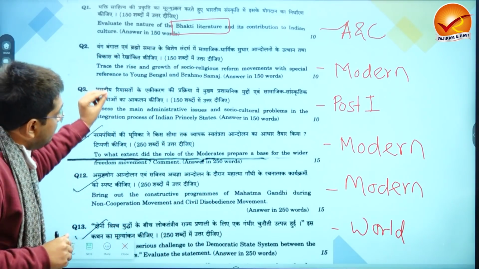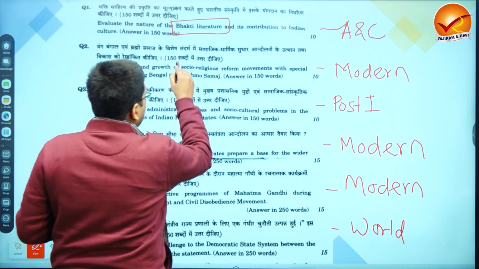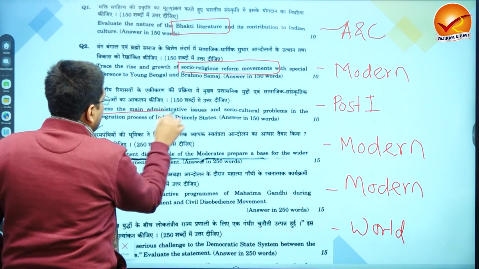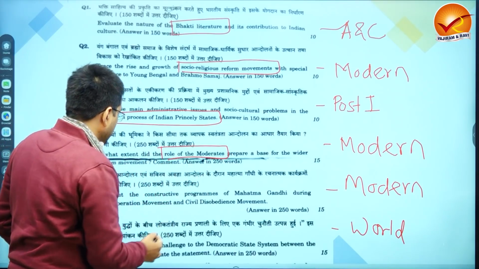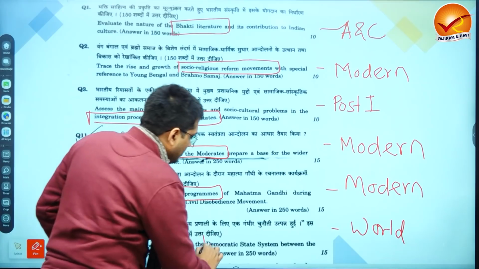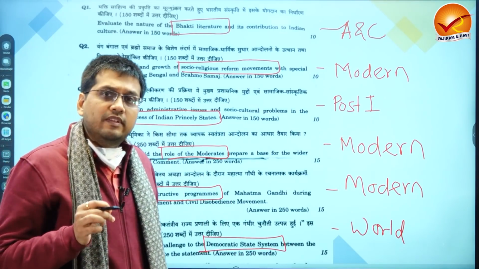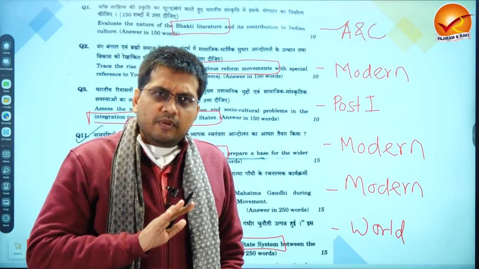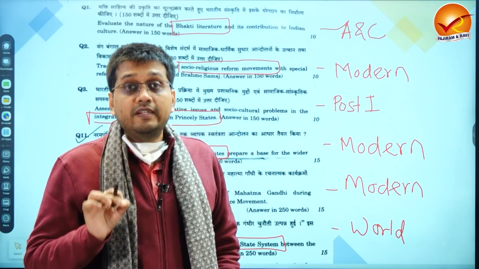If you look at the specific topics they have asked: first is Bhakti literature, second is socio-religious reform movements, third is the integration of Indian princely states, then the role of moderates, the constructive program of Mahatma Gandhi, and then the liberal democracies in the interwar years. All these topics are very typical mainstream topics. If you have done the preparation decently, every question is answerable. There is no difficulty as far as the topic goes.